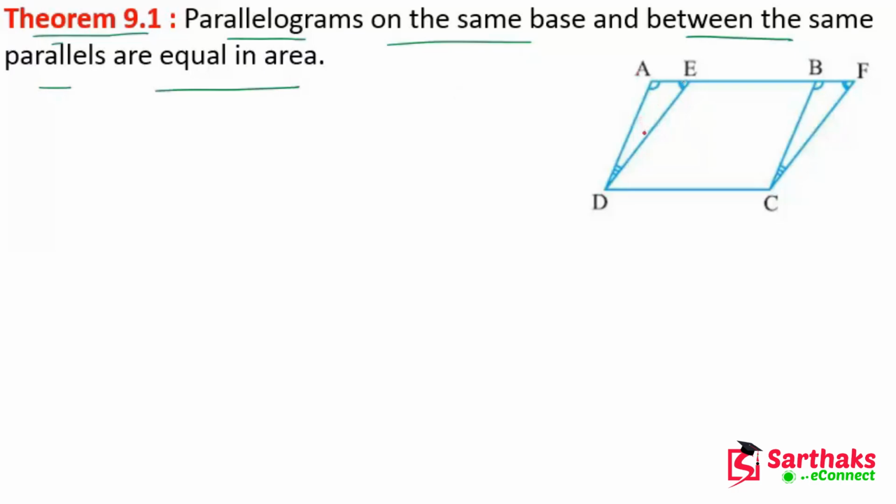Here you can see ABCD is the first parallelogram, and the second parallelogram is EFCD. We have to prove that the areas of these two parallelograms are equal.